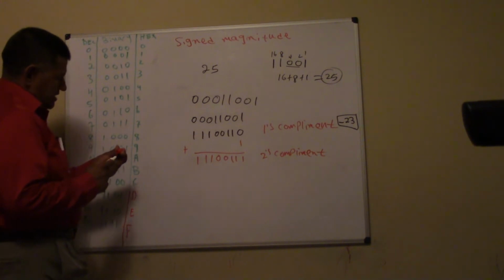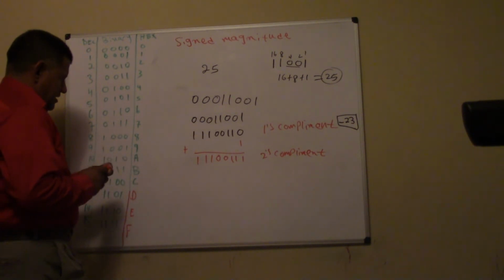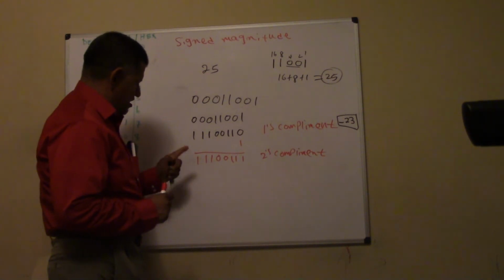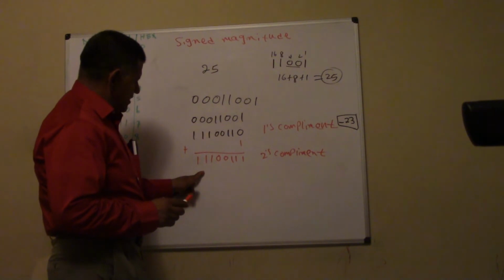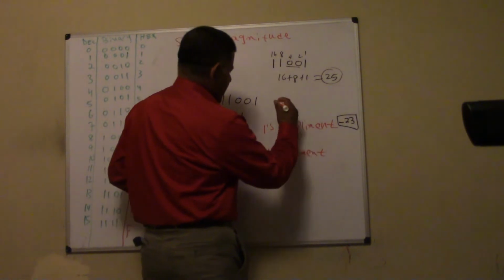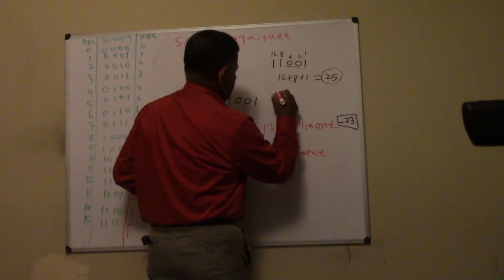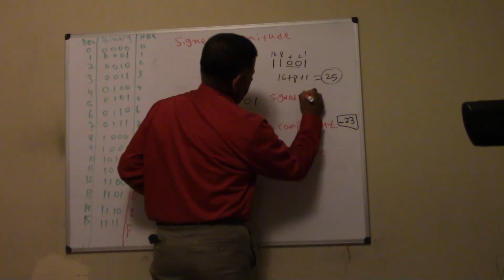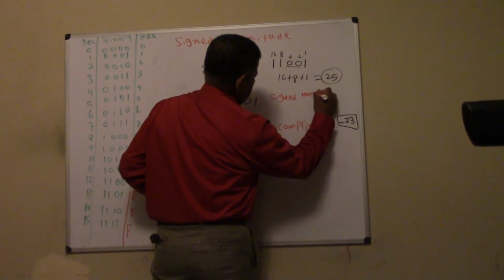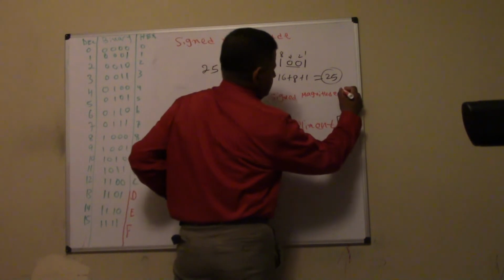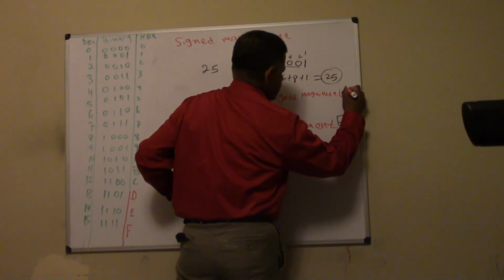Now let's see if we get negative 25. The sign magnitude gave us negative 103.